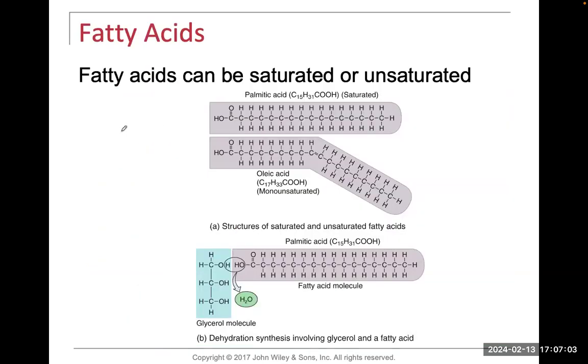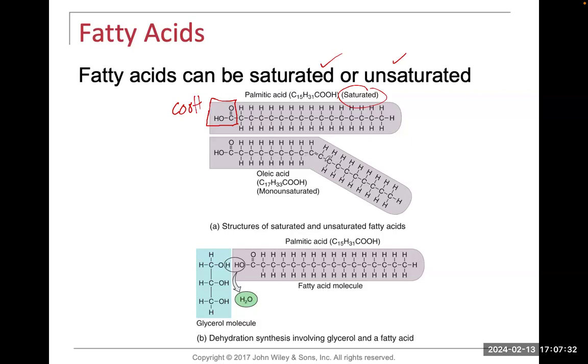So fatty acids can be saturated or unsaturated. So when you see a long carbon chain, look, here's a long carbon chain. You see every carbon is saturated with hydrogens. And then here, look what we have at the end. Look at that functional group, COOH. That's a carboxyl group.